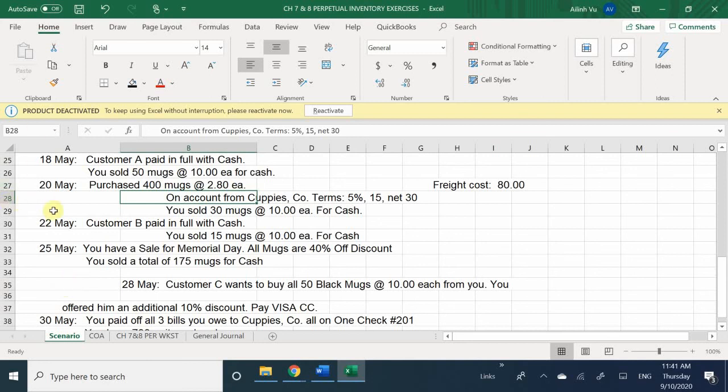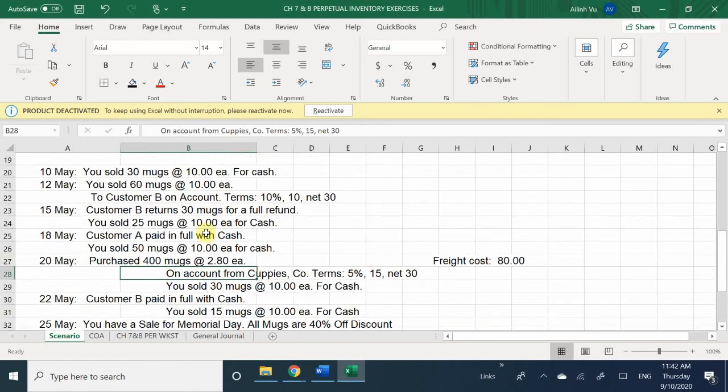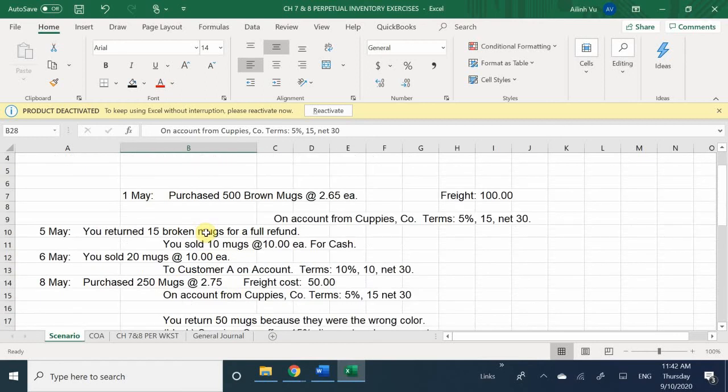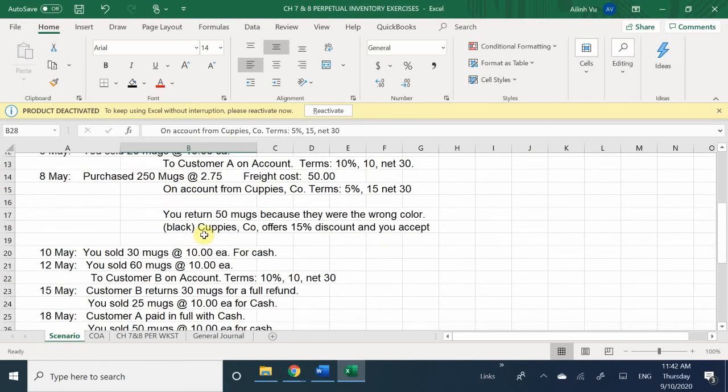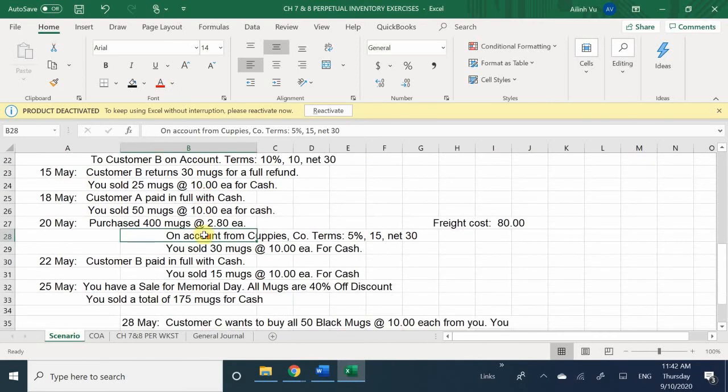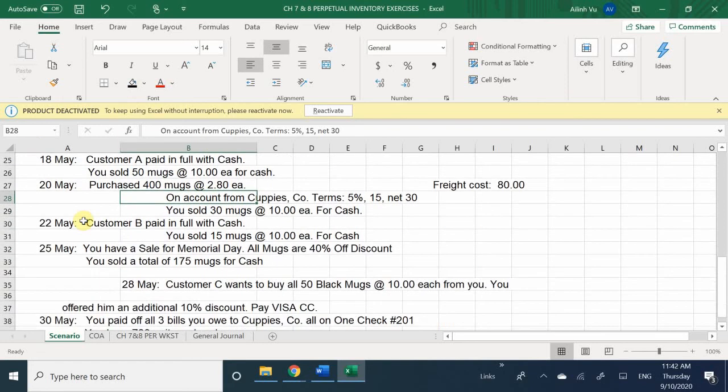So let's go ahead. 22. What happened on the 22nd? Customer B paid cash. They paid in full with cash. Now, customer B, when did they actually make a purchase from us? 5/12. They did, and they did a return. So do they still get the discount?